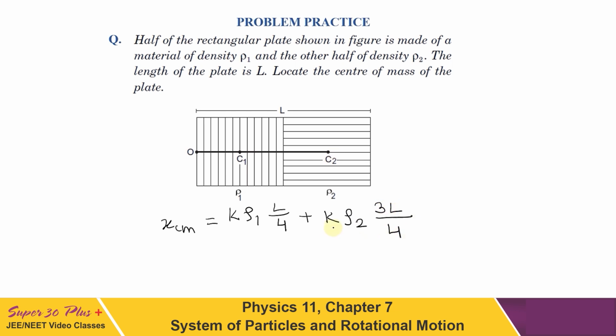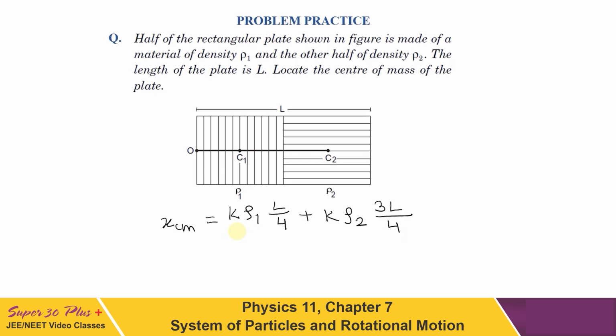Here I have written K as the area of both the parts, them being equal. We can simply replace this area by a constant K. That K can be written as the area of the left half as well as the right half because these have the same area.